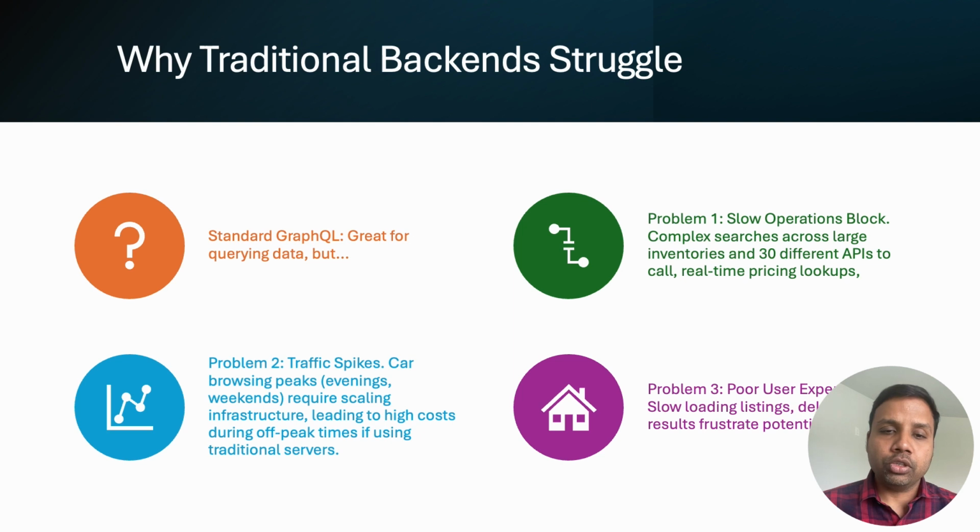Also there could be traffic spikes, during the morning, and when there is a deal or something, that could be really high traffic, and that could result in poor performance and poor user experience, since it slows down the listing of the cars in this case. So let's look further.